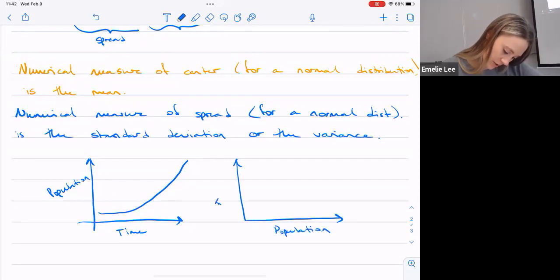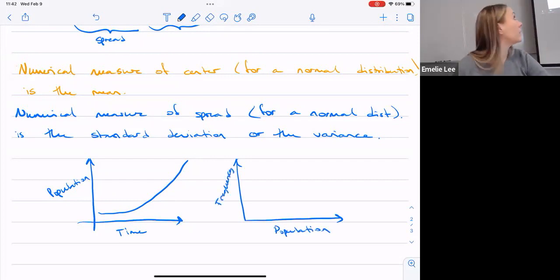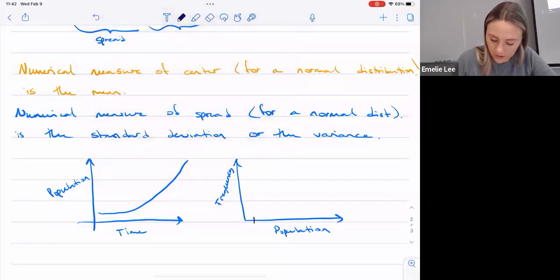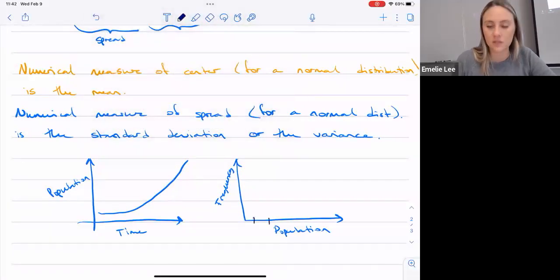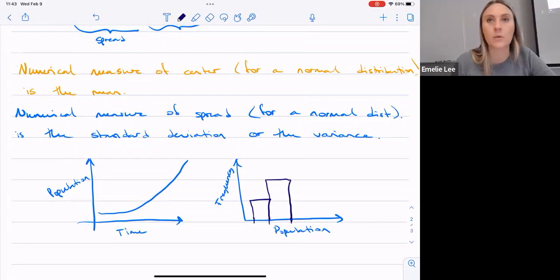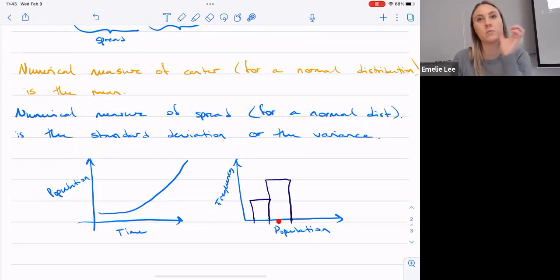And then we have the frequency on the, sorry, that looks weird. So how many times was the population between this size and this size, right? And there would be some count. How many years maybe was the population between this size? So we would have these bins.